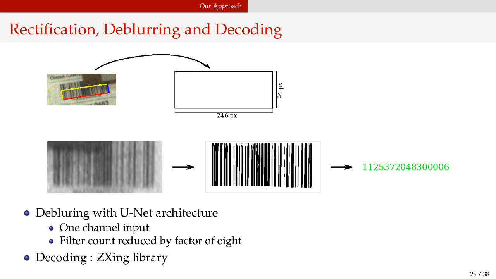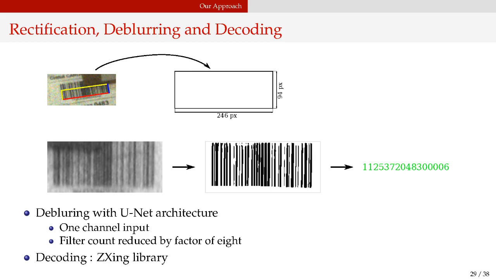For our deblurring module, we again use the U-Net architecture. So we consider the deblurring of a barcode as a segmentation task. We modify the model again to work with one channel input and reduce the number of filters by a factor of 8. The precondition for the deblurring module to work is a specific size and shape of the barcode.